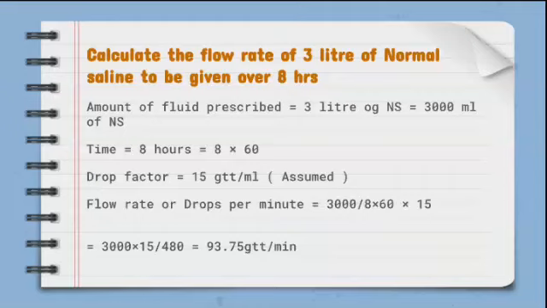The drop factor is not given, but we will assume it as 15 GTT per ml, and the flow rate is equal to total amount divided by total time into drop factor, that is 3000 divided by 8 into 60, that is 480, into 15, which is equal to 93.75 GTT per minute. Okay, that is 94 drops per minute. You have to set it in the IV tubing.